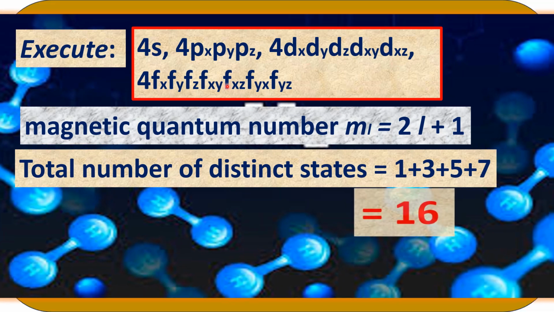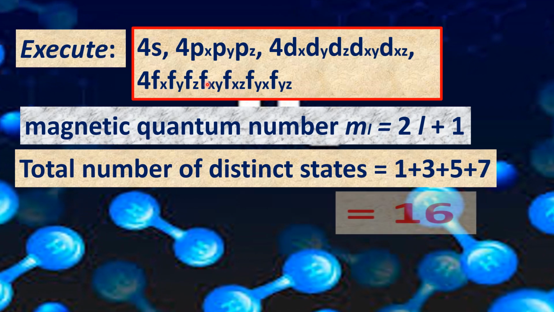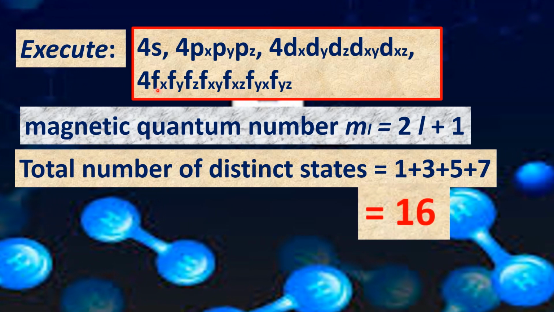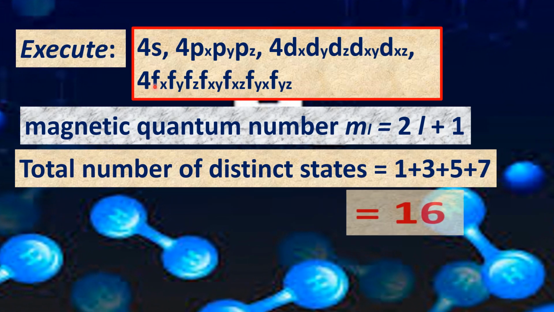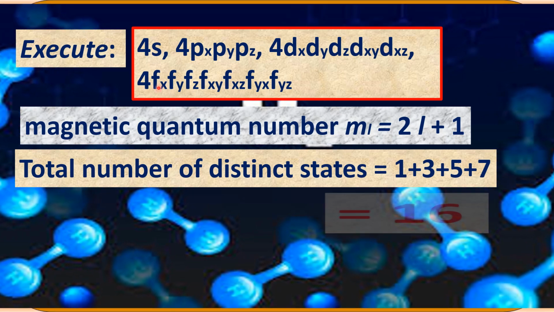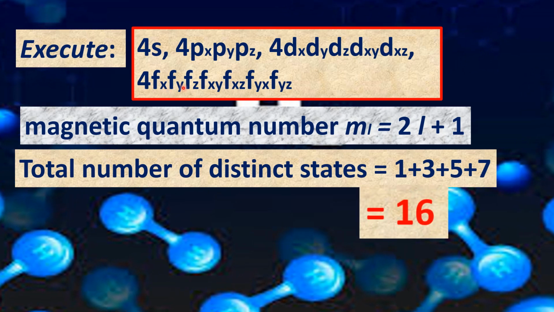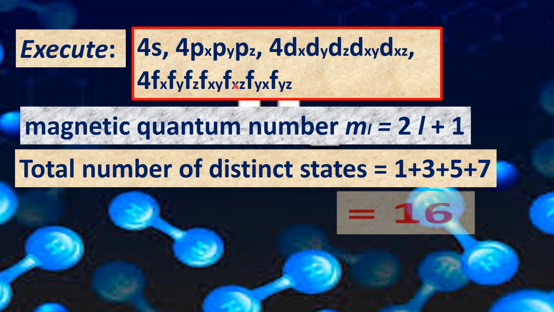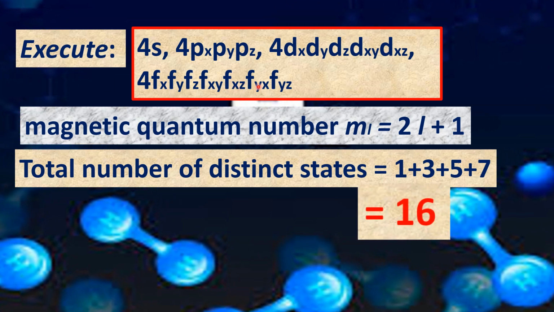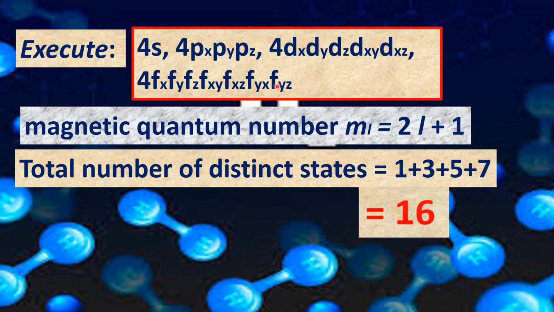And for the f orbital, still in the fourth energy level, there are actually 7, such as 4fx, 4fy, 4fz, 4fxy, 4fxz, 4fyx, and 4fyz.